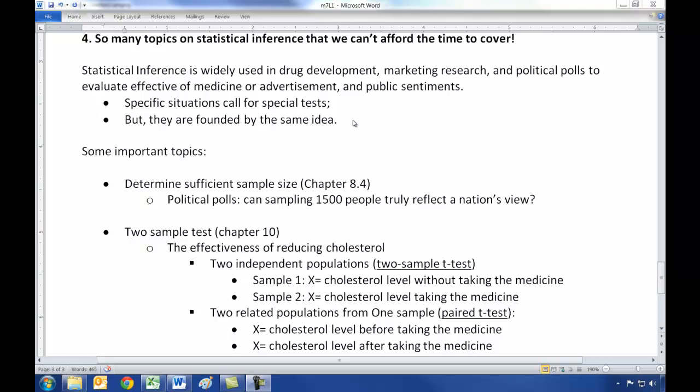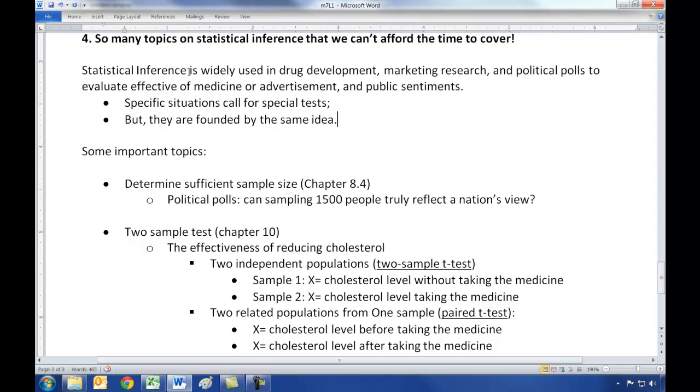So finally, I am going to give you a very brief overview of many topics on statistical inference that we cannot afford the time to cover in this course.